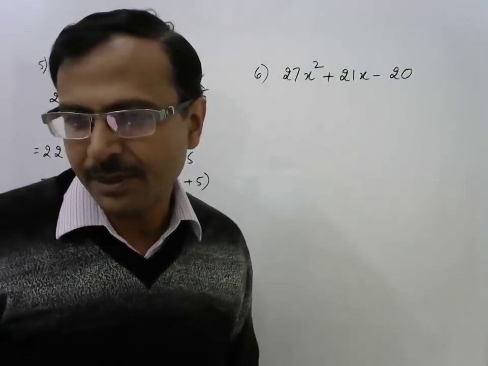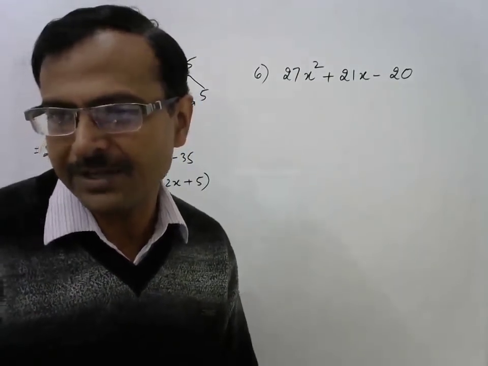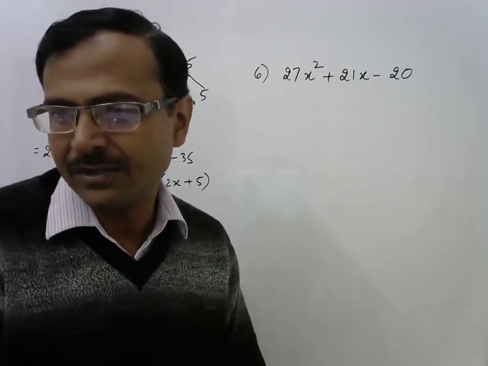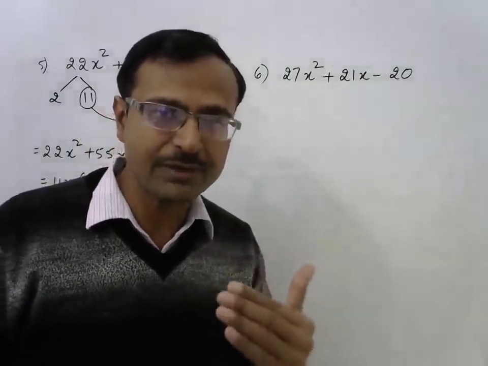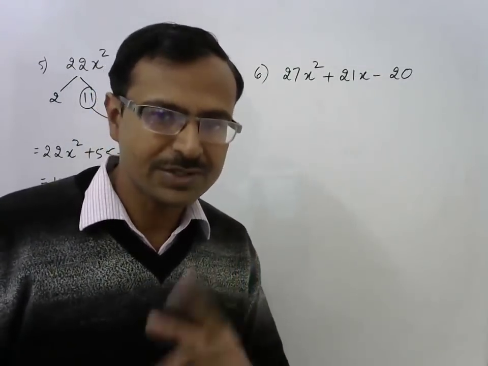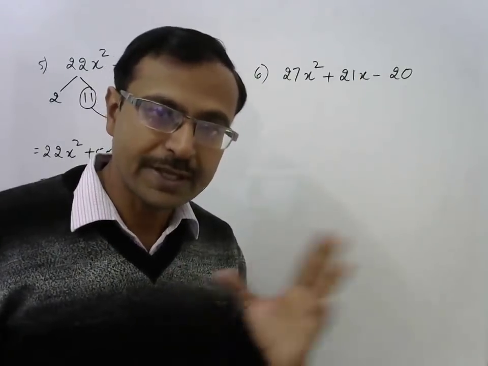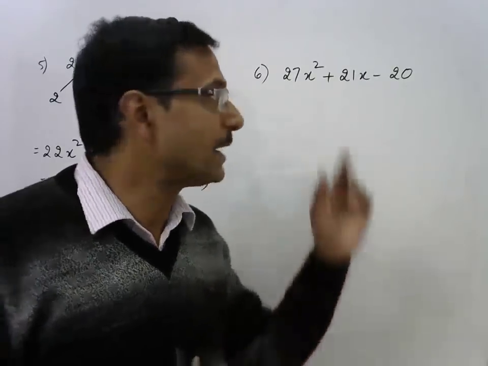Some different answers coming up. Ches Kumar is saying 30 and minus 9, followed by Tushar Chauhan 36 and minus 15. So anybody who is struggling with this concept can watch the previous videos, recent videos, which I posted yesterday and today. They can learn the art of splitting the middle term.